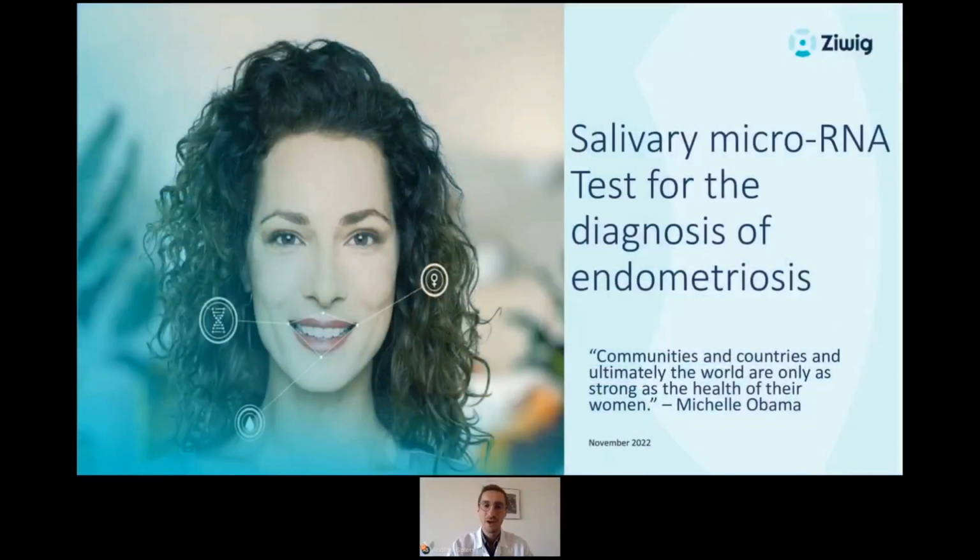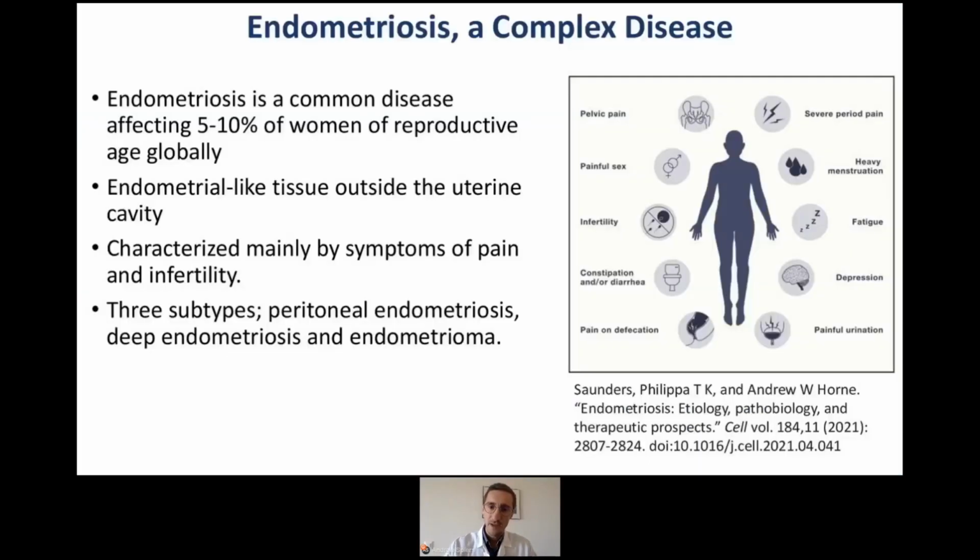My name's Andrew, and I'm very happy to be here today to speak about microRNA and testing for endometriosis. As a brief introduction, let me talk a little bit about endometriosis, which is an incredibly complex disease. Endometriosis affects about 5 to 10% of women of reproductive age globally.